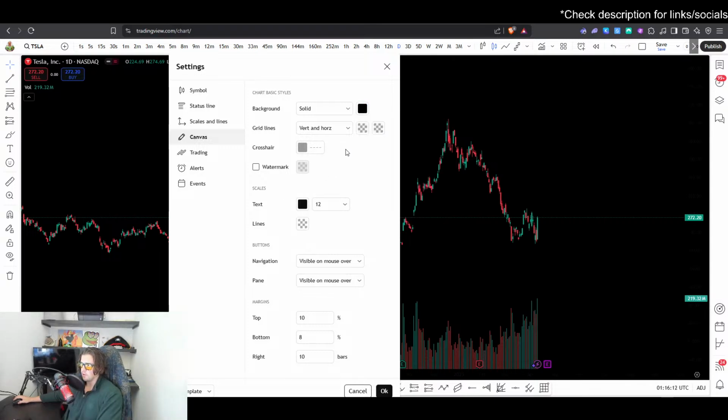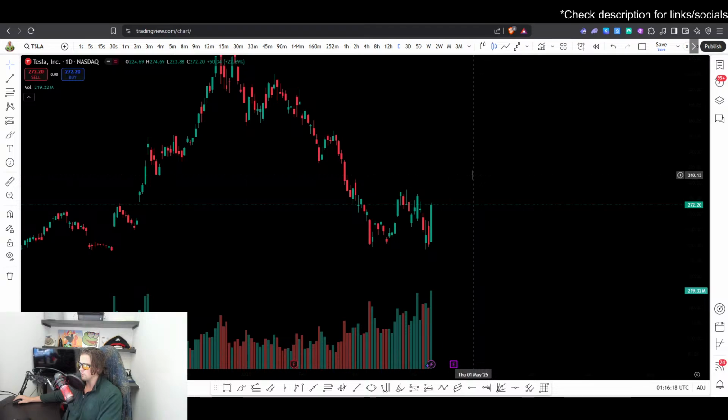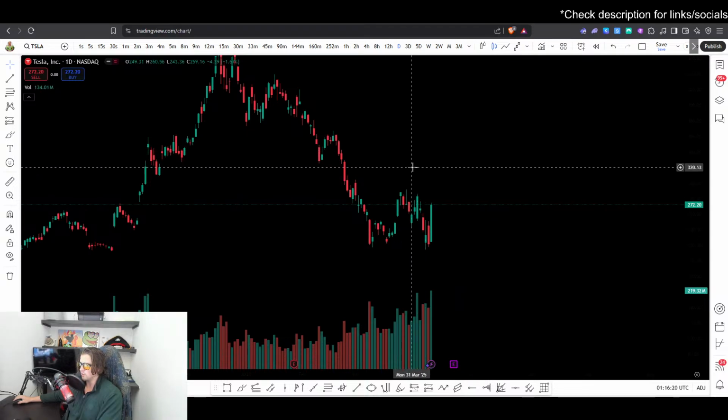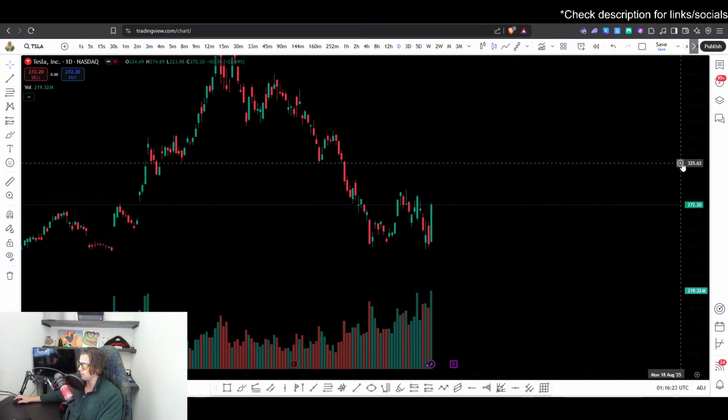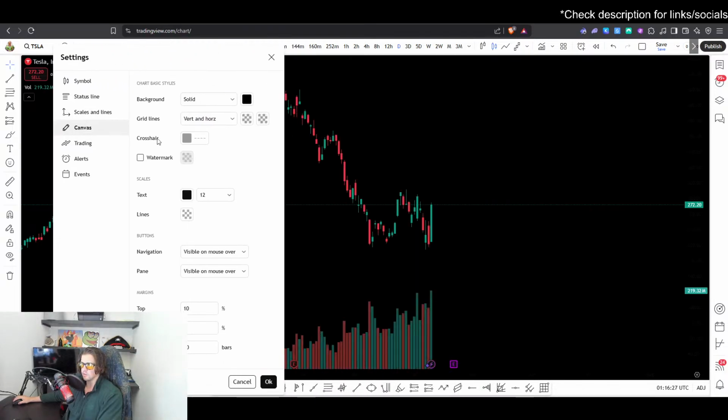And you'll notice that you can kind of see these vertical and horizontal lines. Those just line up with the days and the prices. I like to, in the settings, get rid of those. So these grid lines just say none, but you can leave them there, but I just find it a little bit noisy.